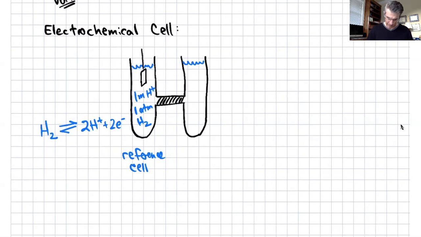I can't remember off the top of my head if it's platinum or what. I should remember, but I don't. And a wire connected to that metal plate runs through a voltmeter, which then goes down into the other cell, connected to another metal plate. This second cell is sometimes known as the test cell.